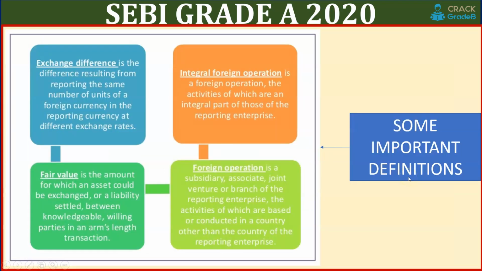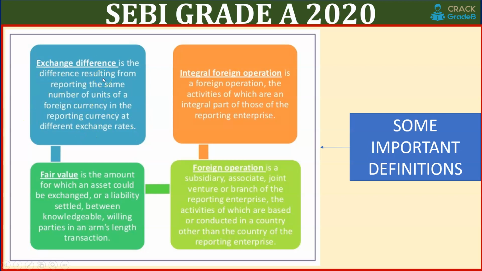Okay. Then we have exchange difference. It is the difference resulting from reporting the same number of units of a foreign currency in the reporting currency at different exchange rates. Okay, let me simplify this for you.